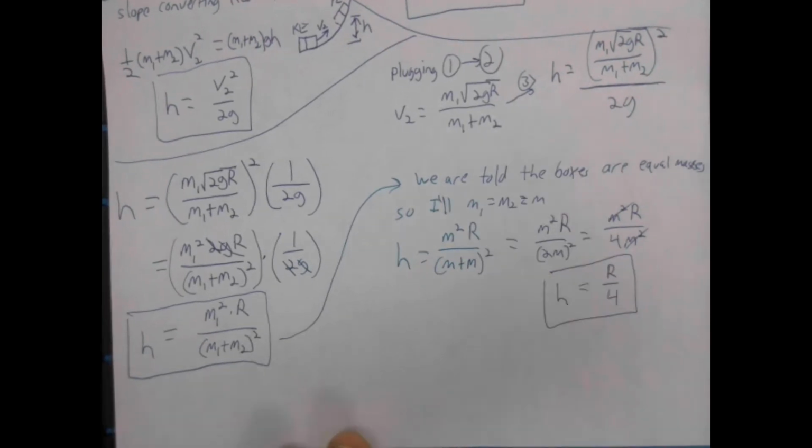And this would be the true final answer, given that the masses are equal. So if we had equal masses, note that the total height actually doesn't depend on the mass at all, as long as they're both equal. It's because everything accelerates down at the same speed.